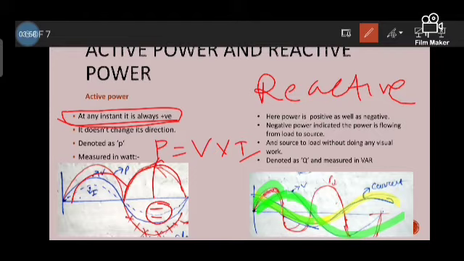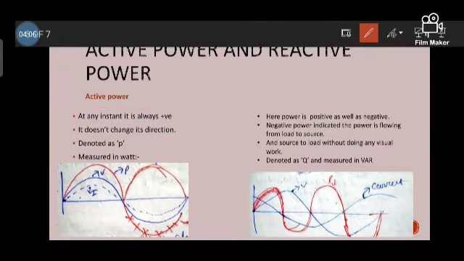Positive and negative multiplied form a negative sign, so the power will be negative. So I conclude that in the reactive power, the power is positive as well as negative.